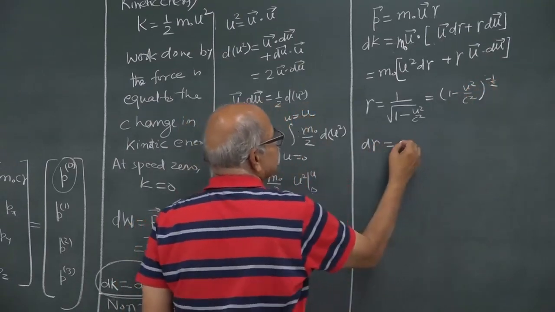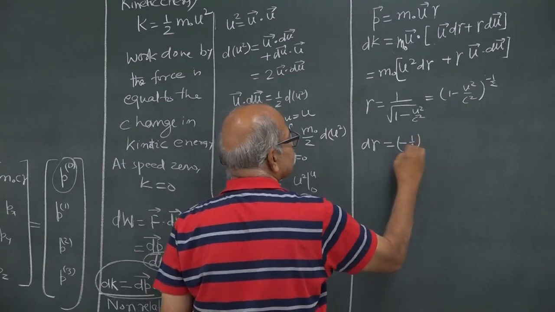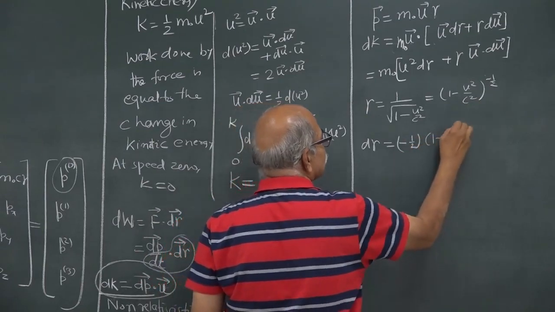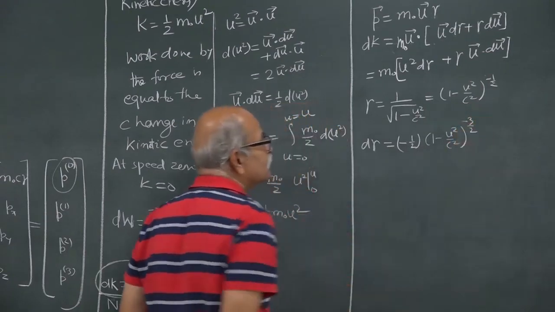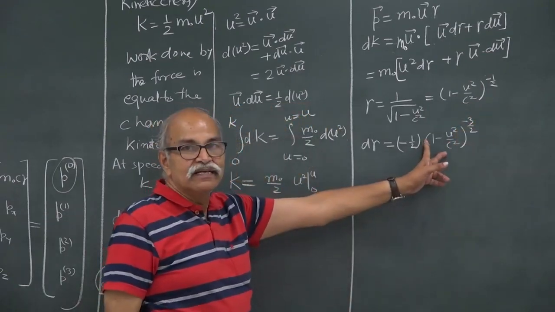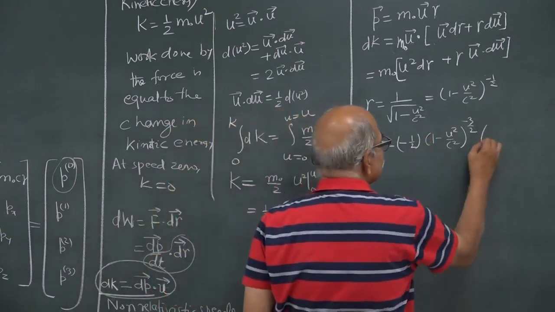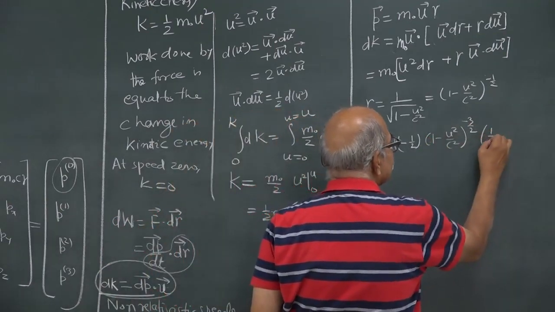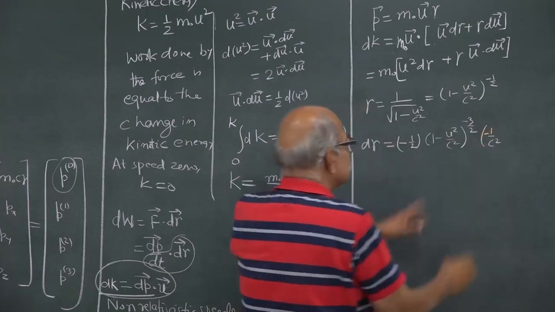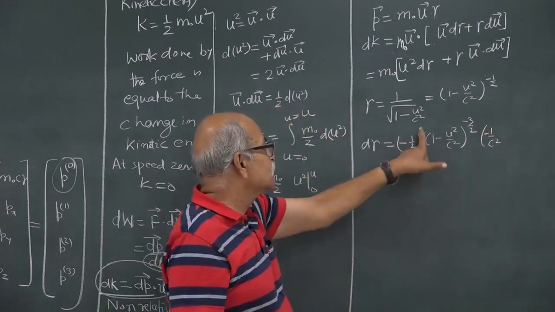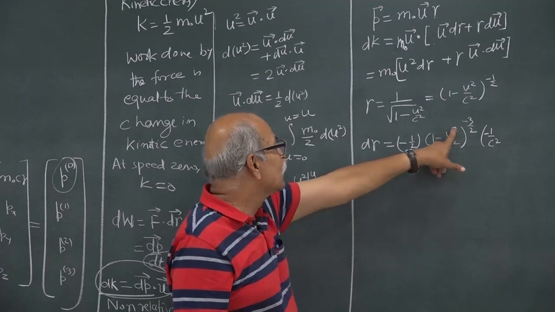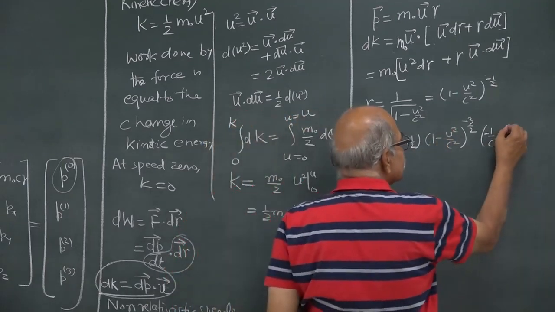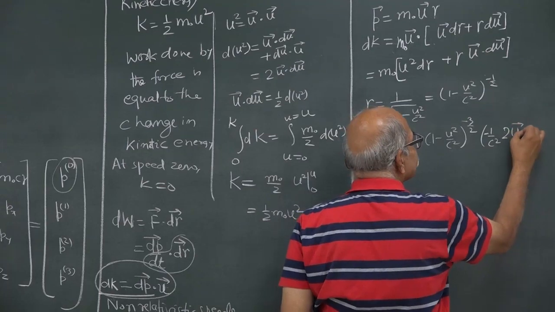First you differentiate this minus half here, then 1 minus u square by c square power minus 3 by 2 here, then you differentiate this, and when you differentiate this you have minus 1 by c square. You are differentiating this with respect to u, so minus 1 by c square u square. U square, when you differentiate you get 2 times u dot du.